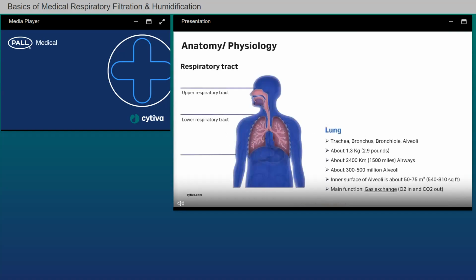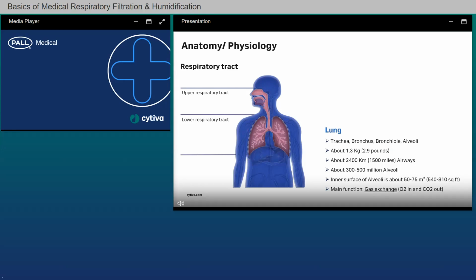First, I want to focus on our respiratory tract. We have the upper respiratory tract, like your mouth, throat, nose cavity, leading into your lower respiratory tract with your trachea, bronchus, getting smaller and smaller over into your bronchioles, and at the end, some bubbles called alveoli. Some fun facts about your lung. It weighs about 1.3 kilograms.